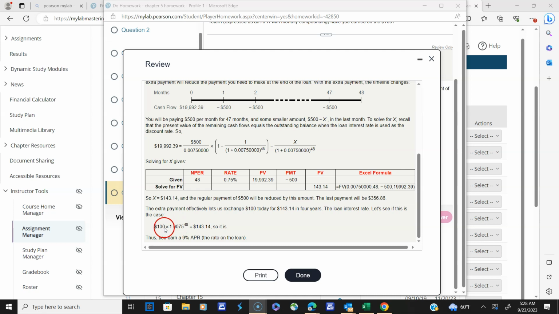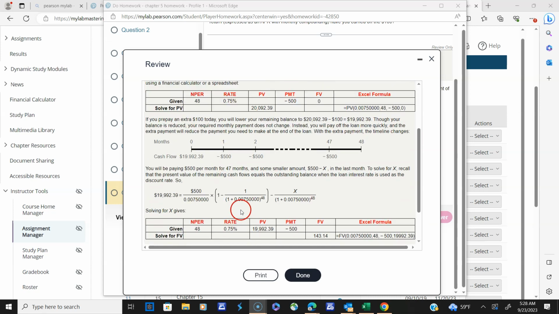So $100 times 1.075 after 48 periods comes out to 143.14. So you can see you do earn a 9% APR, the rate on the loan. All right. So you did earn 9% on your $100 in the money you saved. So that's how that problem is solved.